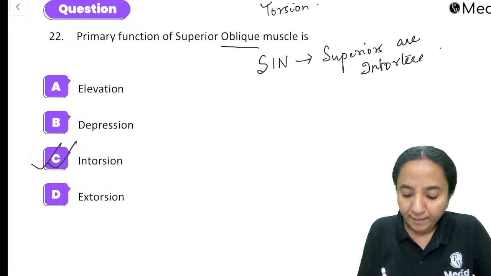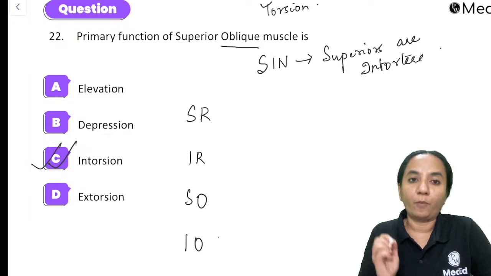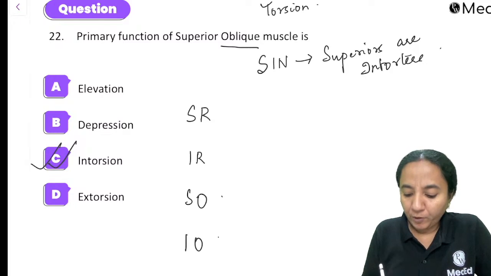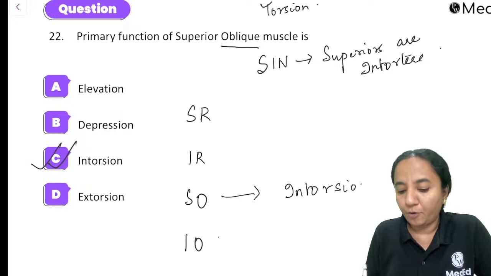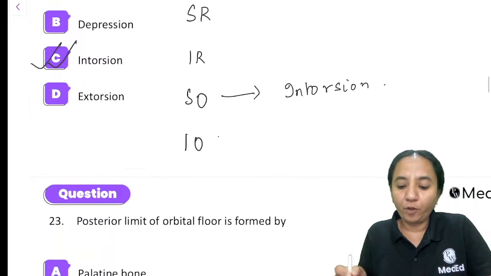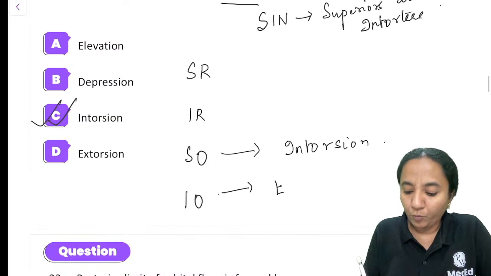Let us learn the primary functions of superior rectus, inferior rectus, superior oblique and inferior oblique. For superior oblique, the primary function is intorsion, that is inward rotation. Similarly, for the inferior oblique, it is extorsion, that is outward rotation.